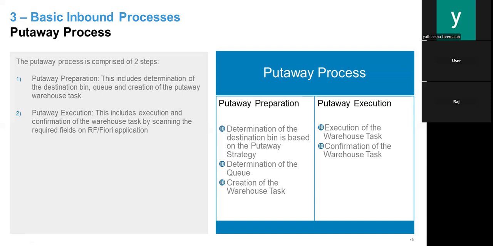Based on this queue, the user logs in and checks what warehouse orders are in their list, for example for the put away. Then they confirm one by one in the handheld device. They just scan at the HU level and confirm. Once it is confirmed, the stock is updated in the final storage.